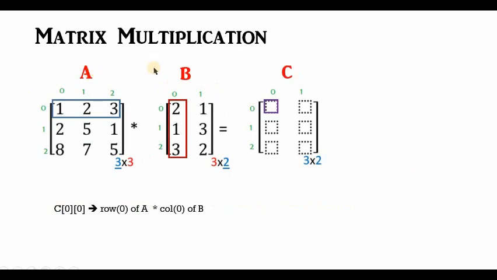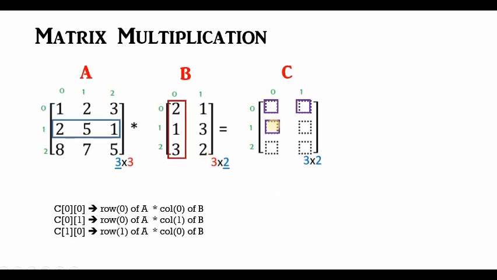If we consider the two input matrices as A and B and the resultant matrix as C, then I can compute the cell C of 0, 0 as the 0th row of A into 0th column of B. Similarly, C of 0, 1 can be computed as row 0 of A into column 1 of B. C of 1, 0 can be computed as row 1 of A into column 0 of B.